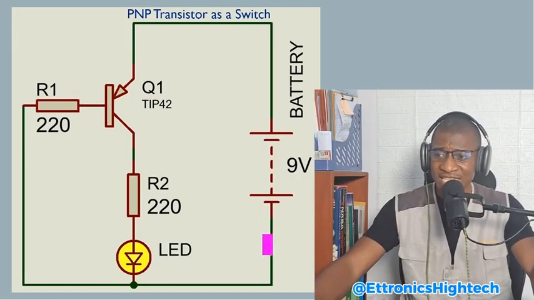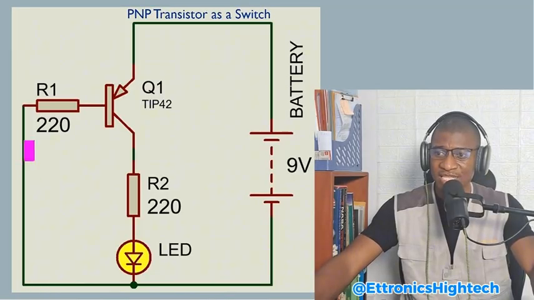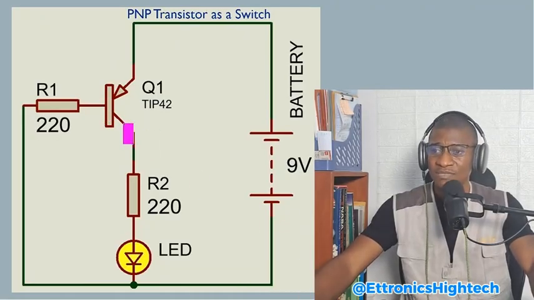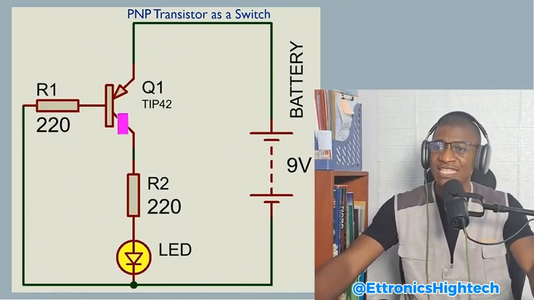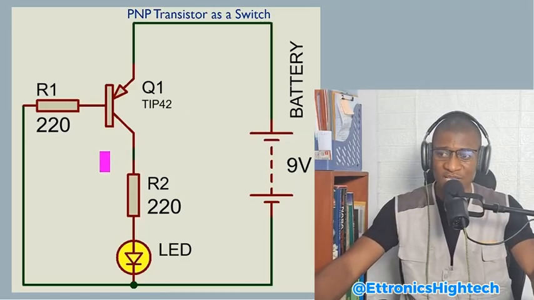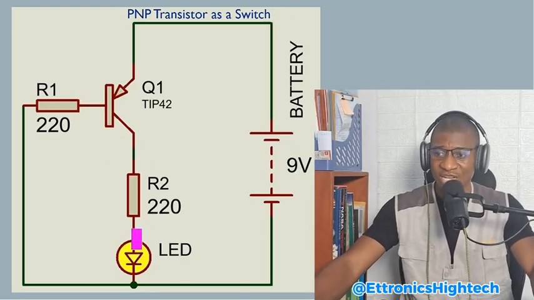And the negative terminal of the battery is connected to the base of the transistor. So this transistor base is getting 0 volts and the emitter is getting 9 volts in this circuit configuration of the PNP transistor. And the collector also is connected to 0 volts.